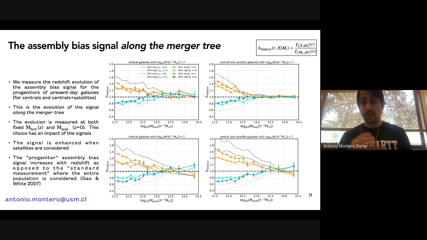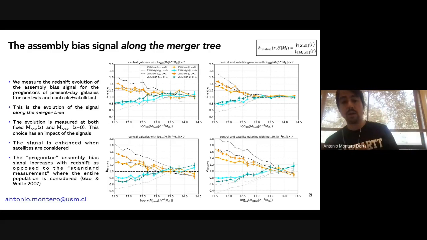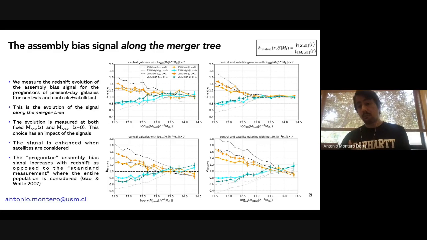That particular dependency on redshift comes from the fact that assembly bias at fixed mass, understood that way, depends on peak height. The dependency comes from peak height and not from mass, right?